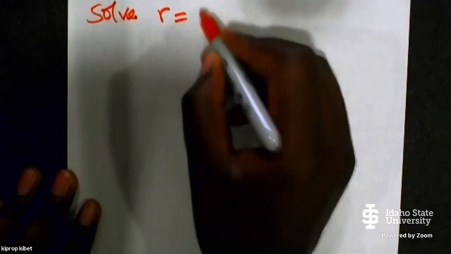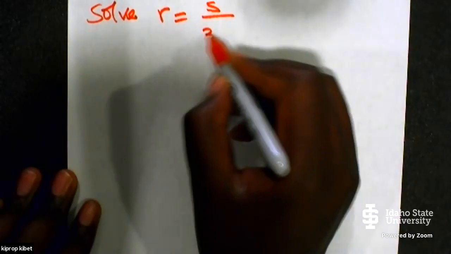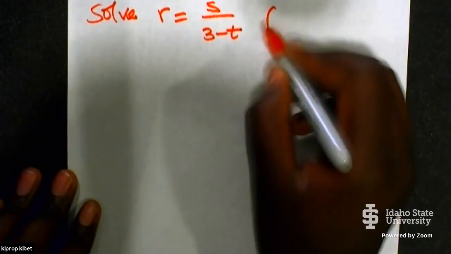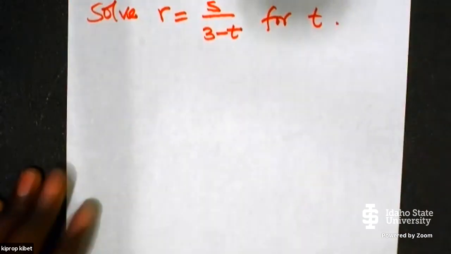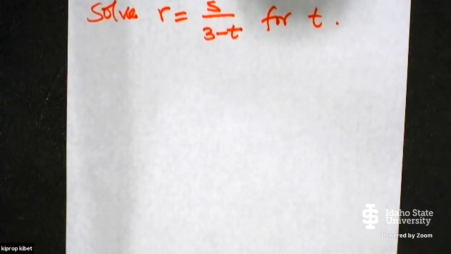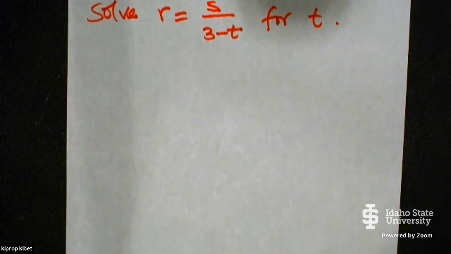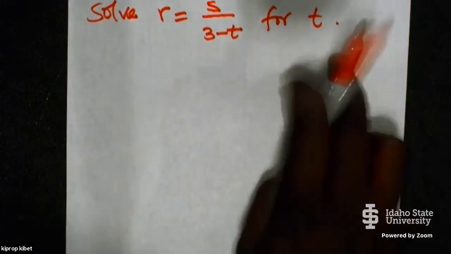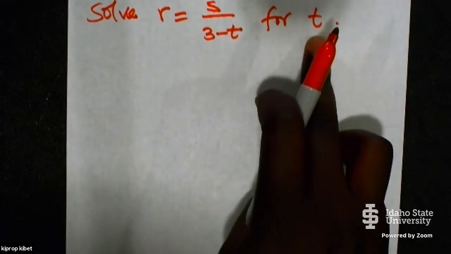Another one here, solve r equals s all over 3 minus t, for t. So that means we want to make t the subject.